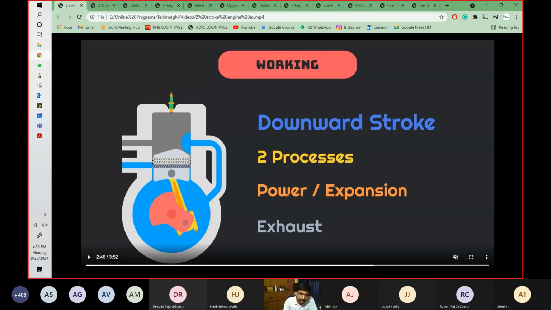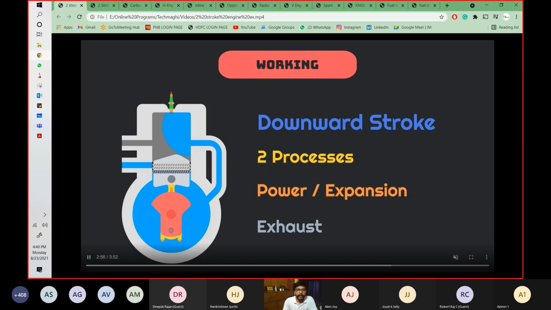So you see, as soon as the piston started coming downward, this fuel started going up into the combustion chamber. And when the cycle goes on, you will see that the upward stroke will start again. Now this downward stroke is completed since one cycle has completed.